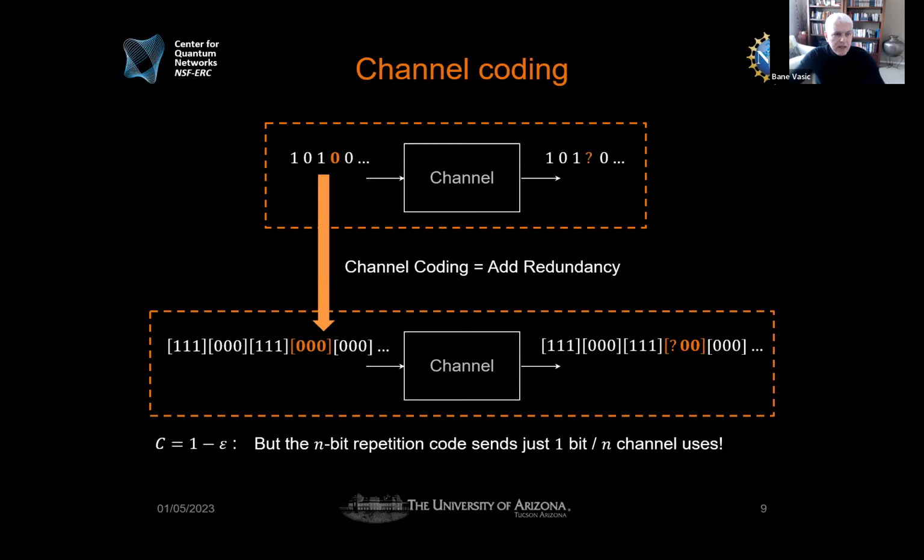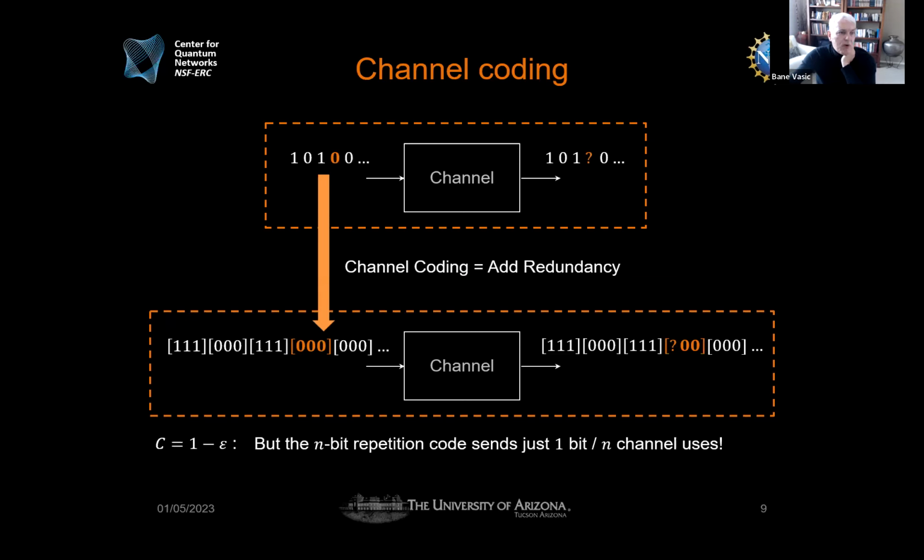So the basic idea of error correction is to add some redundancy. And here is the very simple and naive way to do it. It is called the repetition code. The idea is, instead of sending 1 or 0, we send 3 ones or 3 zeros.